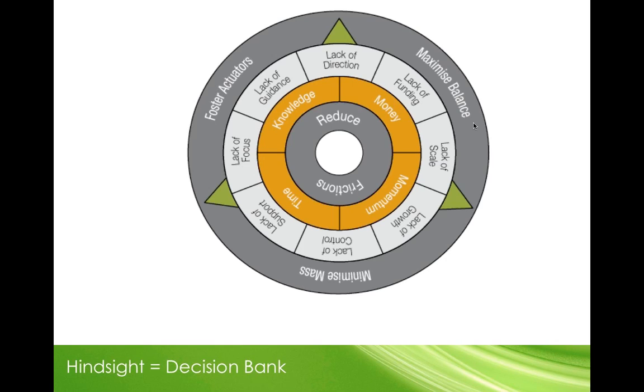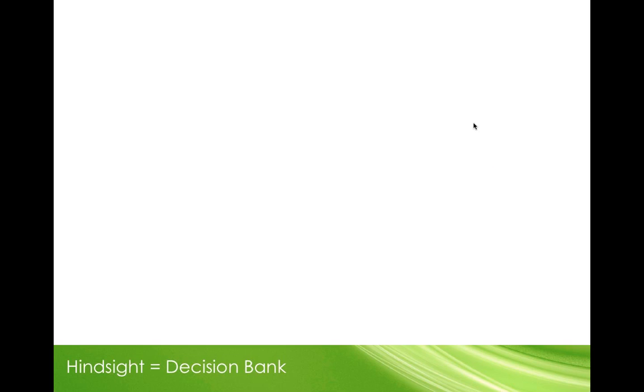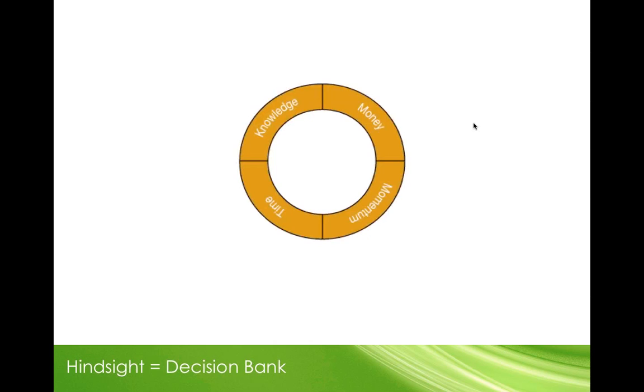I think out of all of the principles, this really is probably the most important one, and it stems from the fact that if you can understand the frictions that are facing you and make decisions to overcome those frictions, you're going to go a lot further and faster. And then the other 3 principles, also important, are fostering actuators, maximising balance, and minimising mass, as we discussed before. So I'll go through a little bit more detail of each of these as we go forward.